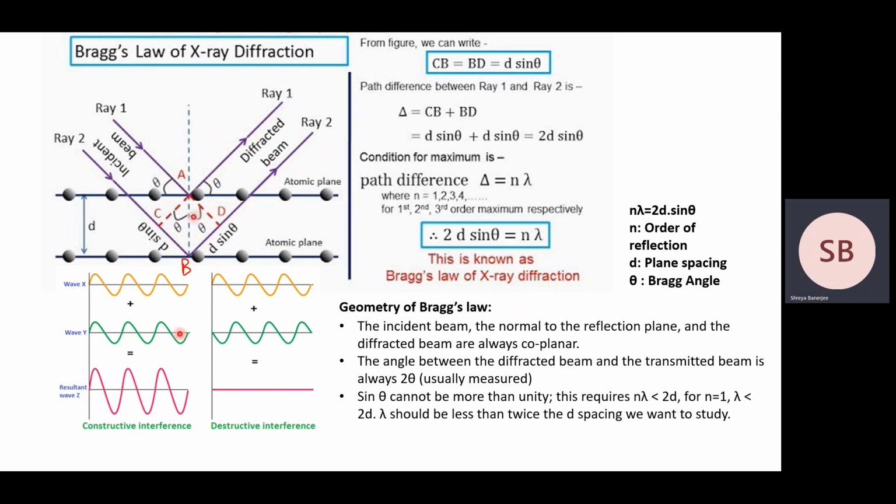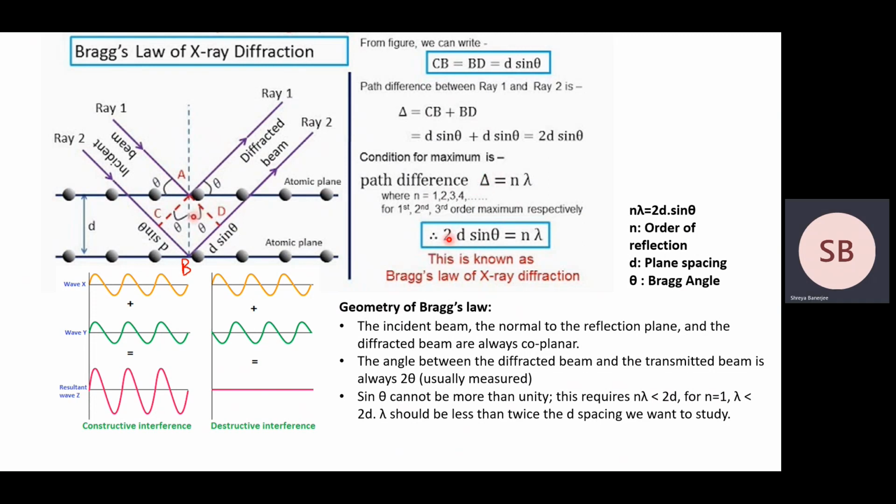Now, if the path difference between these two waves is an integral multiple of the wavelength, then there will be constructive interference. So this n can be 1, 2, 3, different integers. If it is 1, it is called first order diffraction. If it is 2, second order diffraction, and so on.